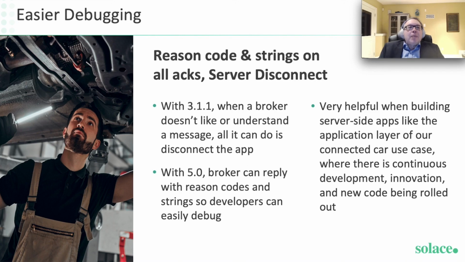You don't have to go back to the broker and look at debug logs and event logs, and hopefully it'll give you the clues as to why the app got disconnected. So if you've got a CI/CD pipeline where you're building server-side apps, having these disconnect reasons will be really helpful to the developer teams.